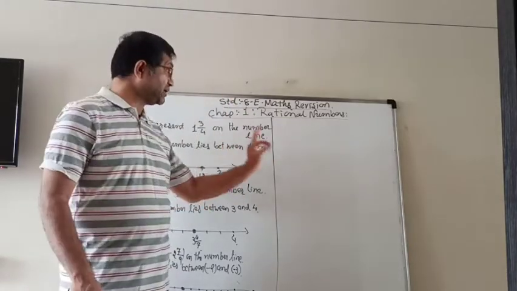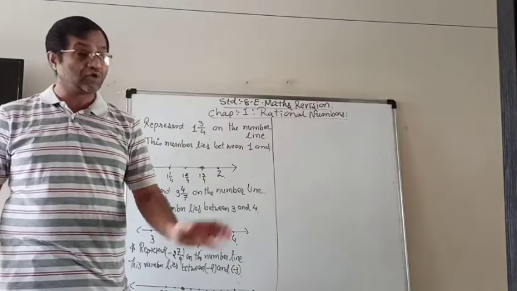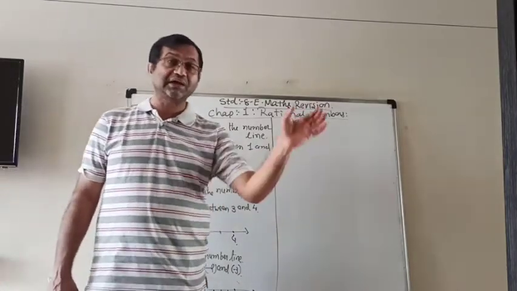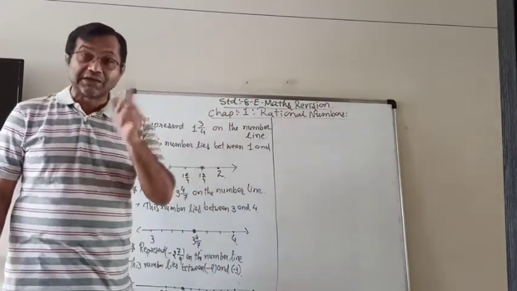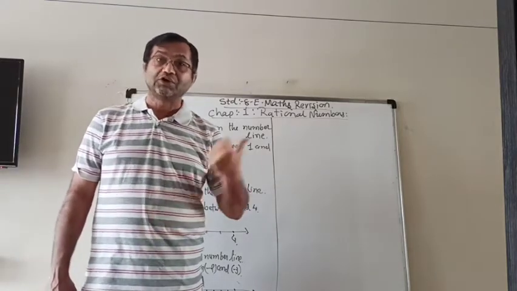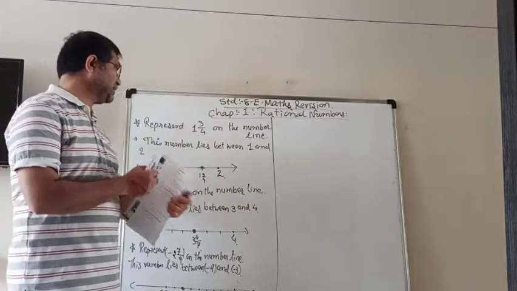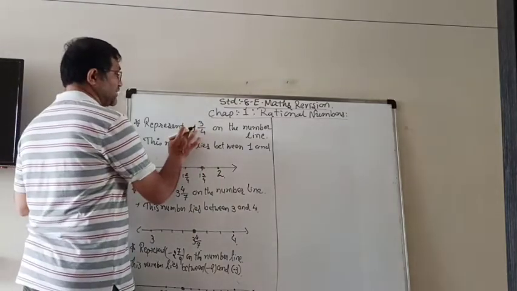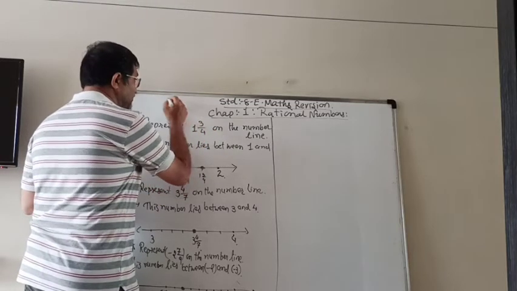So you have to take only 0 and 1 and then make the parts according to the denominator and take the part from the numerator. If it is an improper fraction, you can convert it into the mixed fraction like that.